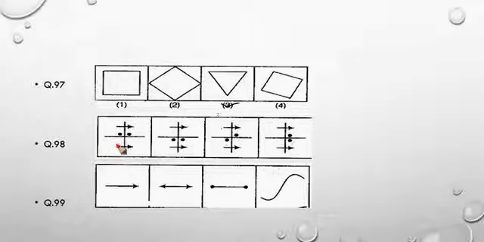In this question, there is a basic shape which is common in all the options, and we find that there are 2 dots in each of the options.